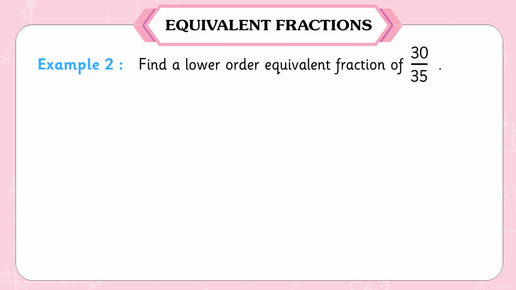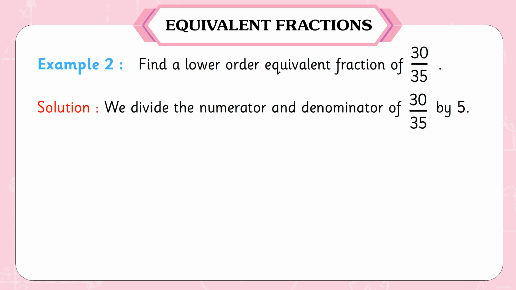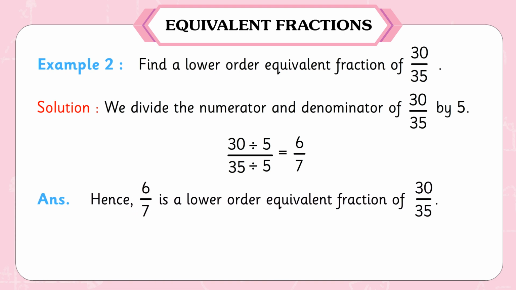Find a lower order equivalent fraction of 30 by 35. Solution. We divide the numerator and denominator of 30 by 35 by 5. 30 divided by 5 upon 35 divided by 5 is equal to 6 by 7. Answer. Hence, 6 by 7 is a lower order equivalent fraction of 30 by 35.